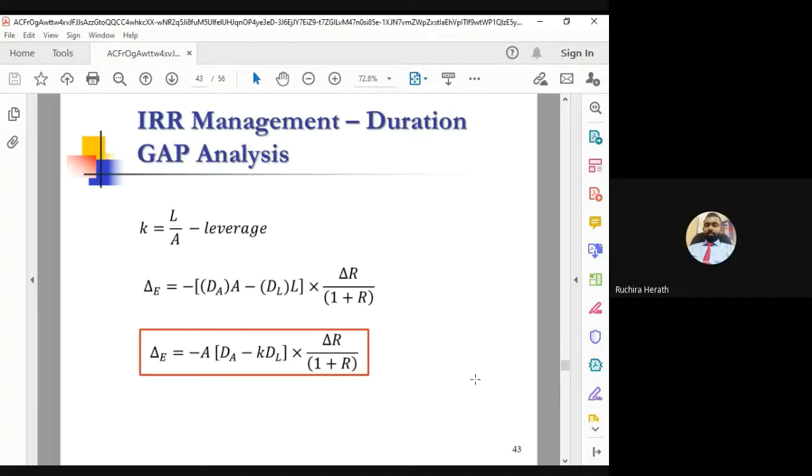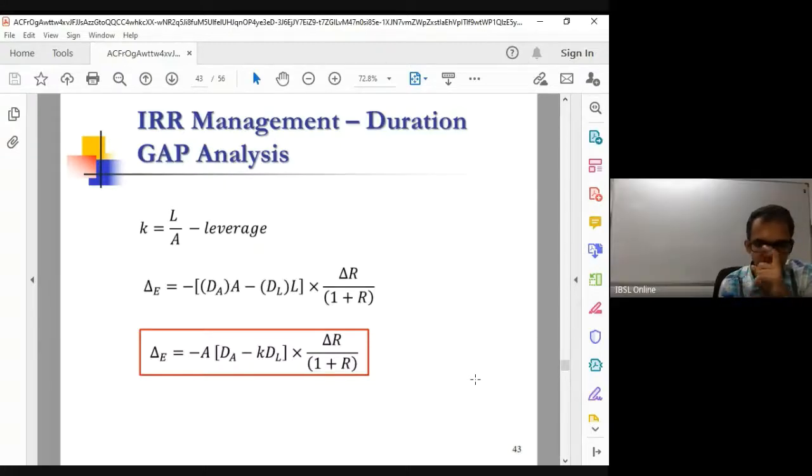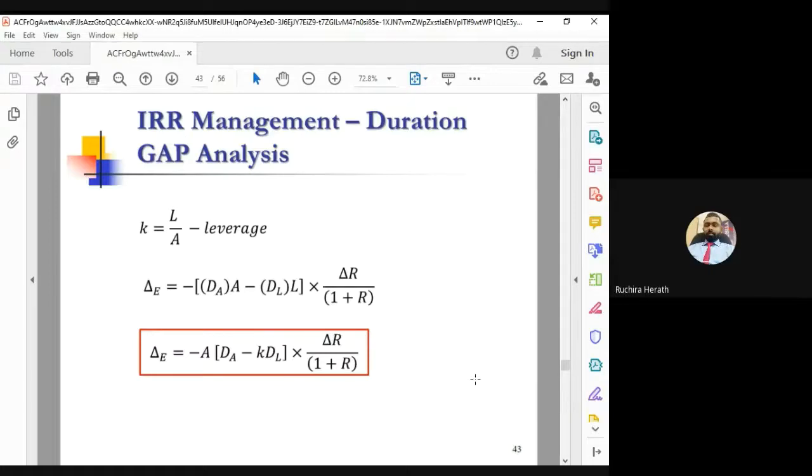So that means when we divide, 10 million is our equity value, if we divide 2.09 by 10 million, that means it's close to 5%. If the interest rate increases by 1%, your equity value decreases by 5%? Okay.